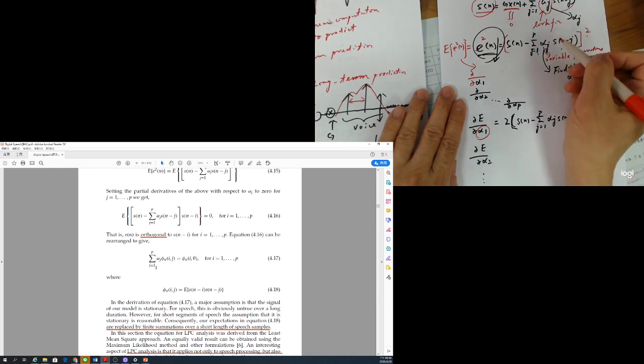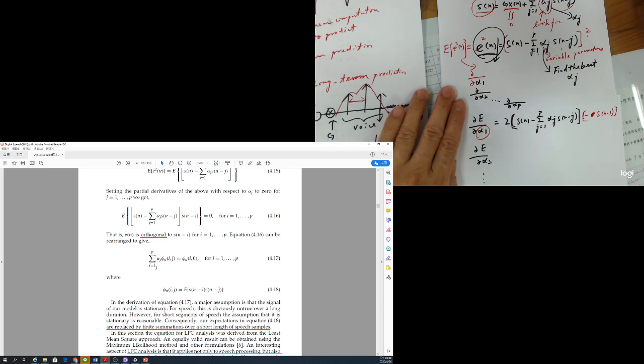The other variables not related to R1 become fixed values. So this one will be equal to s n minus the summation over j equal to 1 to p of alpha j s n minus j. Here is minus s n minus 2 and so on. This one is easy.